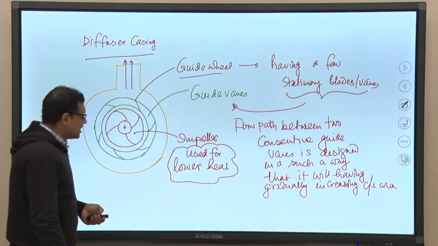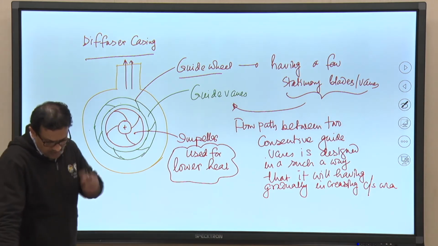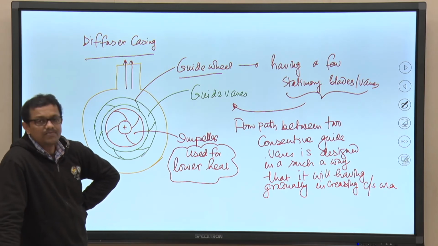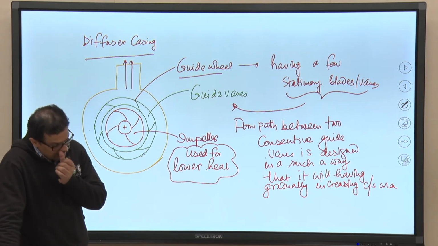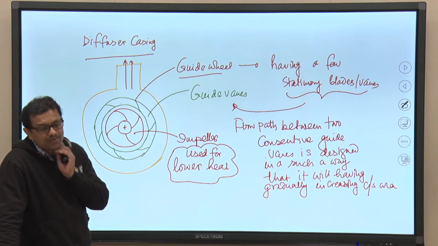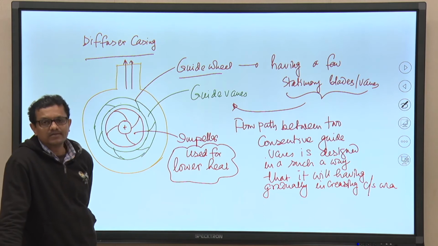Okay. So, with this I will move to the next part of today's lecture, that is the pump efficiencies. But before I go to discuss pump efficiencies, again I would like to tell you two important points.